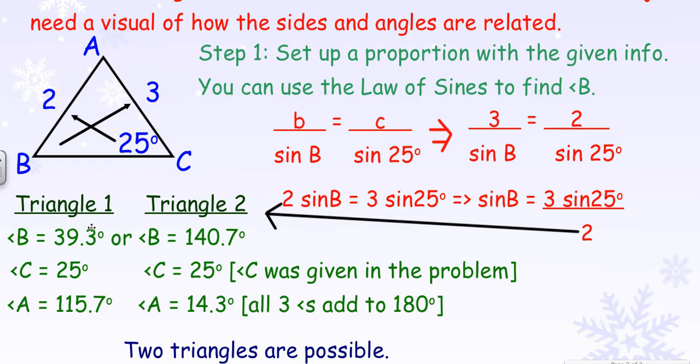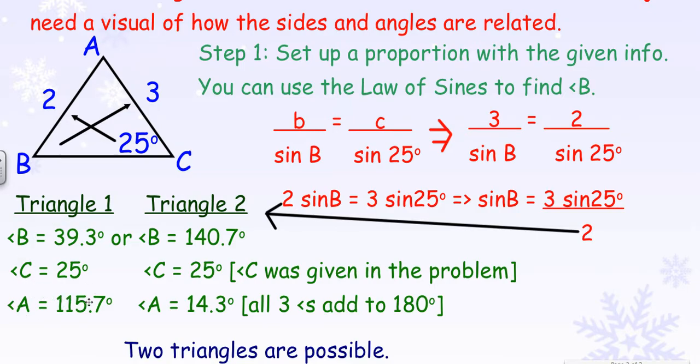In the other problem, number 3, the answer was no, because two of the angles happen to be obtuse. Here, if B is 39.3, and it's given that C is 25 degrees, I can subtract from 180 and find the angle A is 115.7. That's possible, it adds up to 180, not a problem.